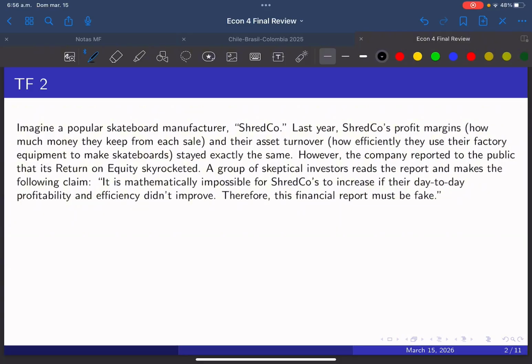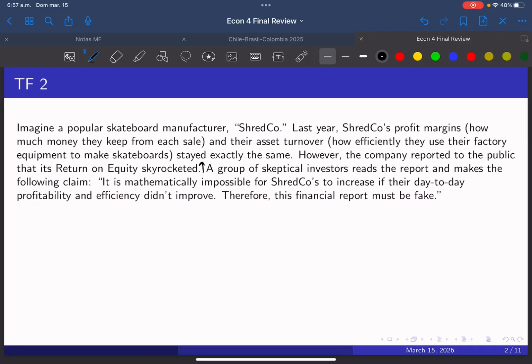So imagine a popular skateboard manufacturer, Shred Company. Last year, Shred Company's profit margin, so how much money they keep from each sale, and their asset turnover stayed exactly the same. However, the company reported to the public that its return on equity skyrocketed, so it increased.